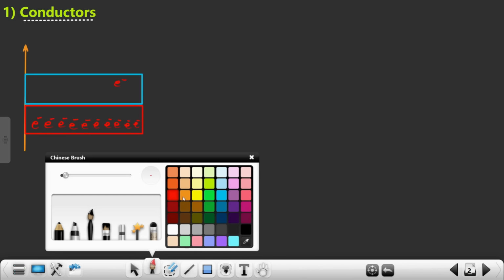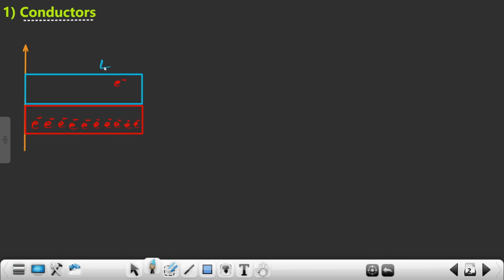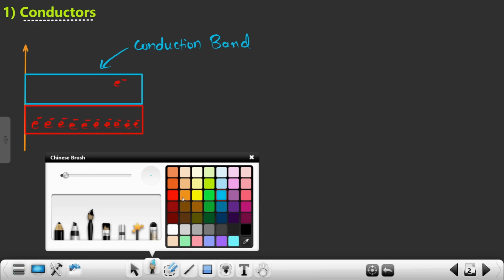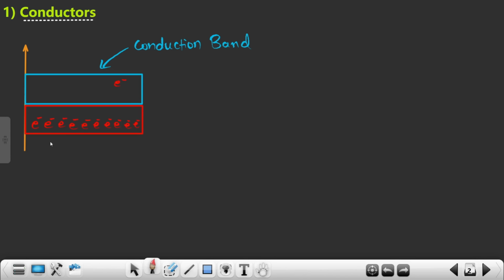Let me write over here that this is my conduction band, and this is my valence band. Great.